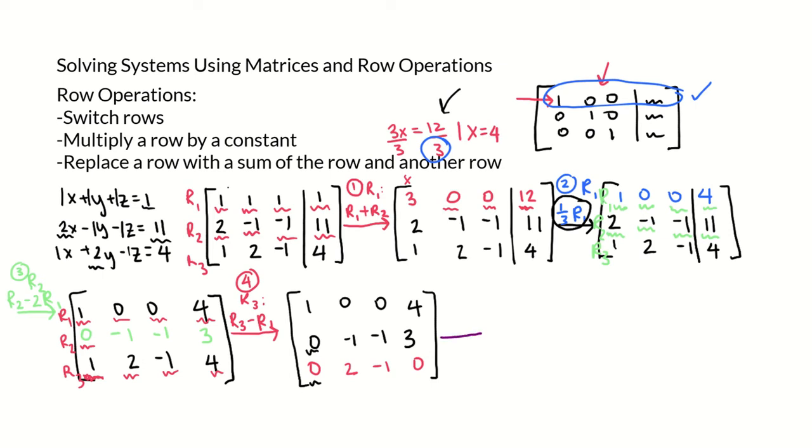Okay, next, let's go back to row 2 and try to fix row 2 some more. So remember, in row 2 we're trying to get 0, 1, 0. So row 2, we want to do something about this entry. So we could do row 2 minus row 3.